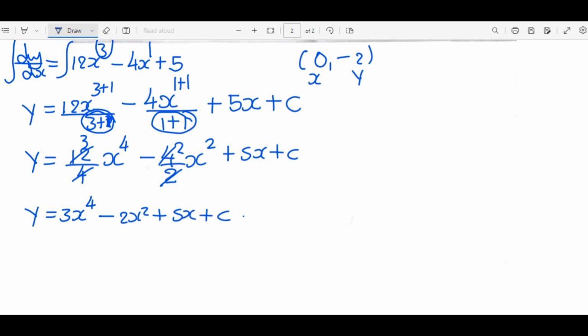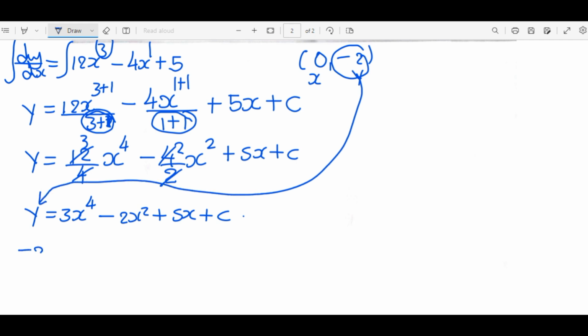Now since we are looking for the equation of the curve, we need to find the value of c. But if the question was to find the antiderivative, then we are done. Now how can we find the value of c? Remember, we are given the coordinates of x and y. So this must be substituted where y is.